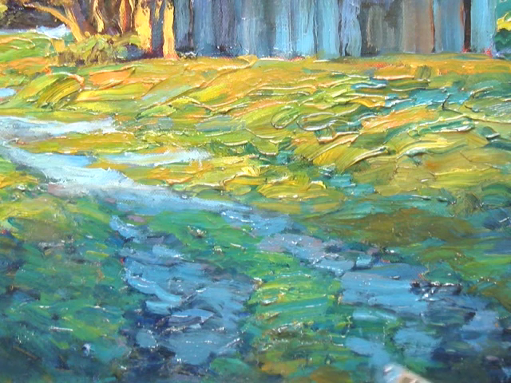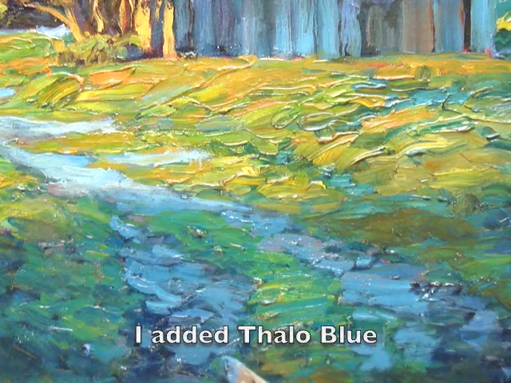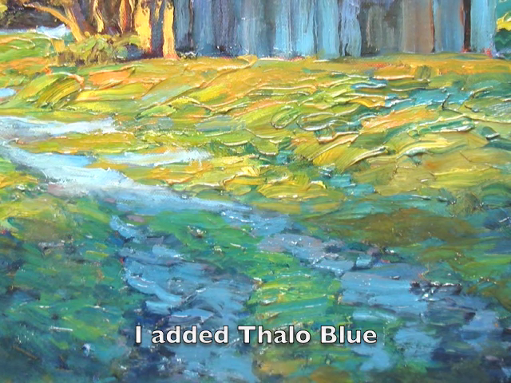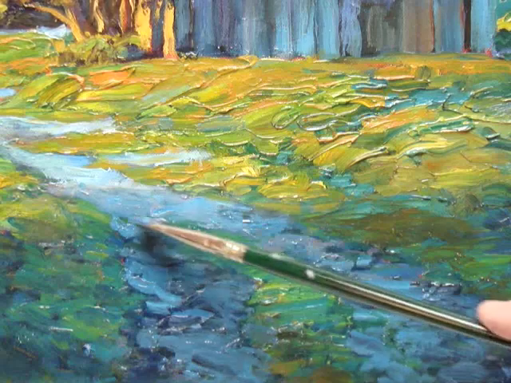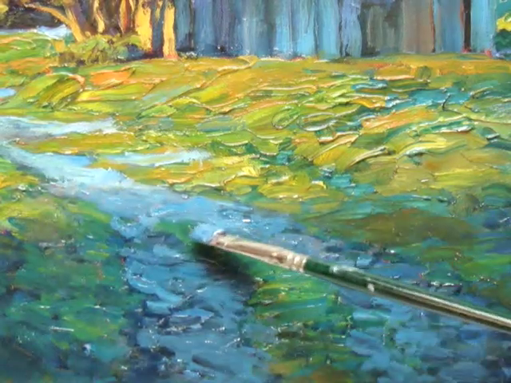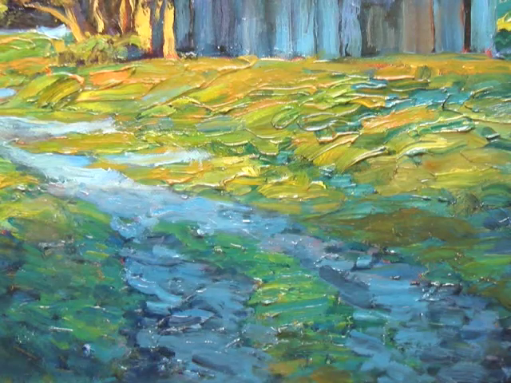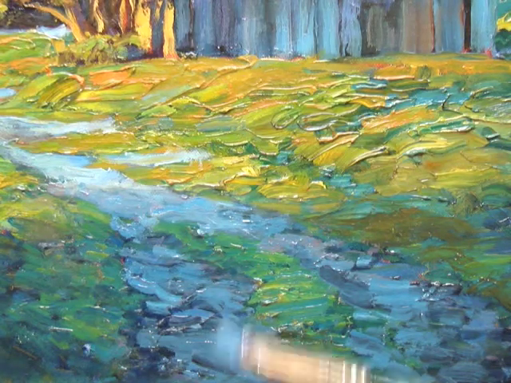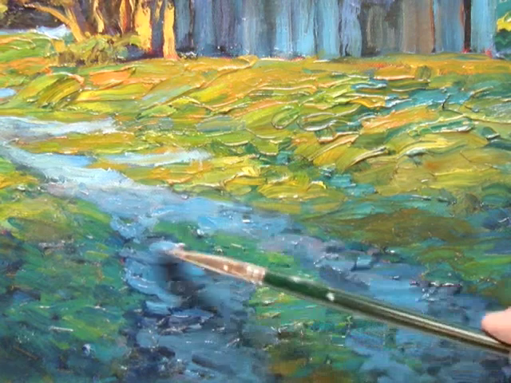What I did to get the hue right was I added some phthalo blue to the mixture, and then lowered the value quite a bit by adding complementary color. I'm adding just little touches of almost pure white and pure phthalo blue, and that obviously is going to push the chroma up quite a bit.